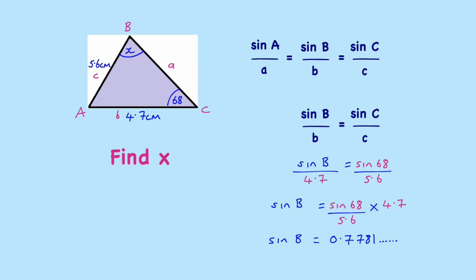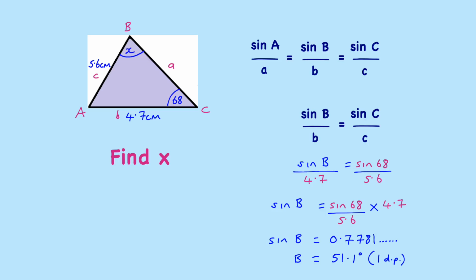Now, like before when we used SOHCAHTOA, whenever we have sine B, when we actually want to find the angle B, we do the inverse sine of 0.7781. So you press your Shift, then your Sine button, then type this in. And that gives us B, which is 51.1 degrees to 1 decimal place.